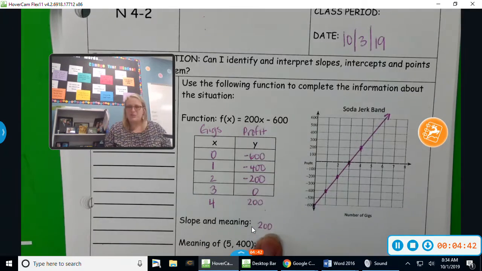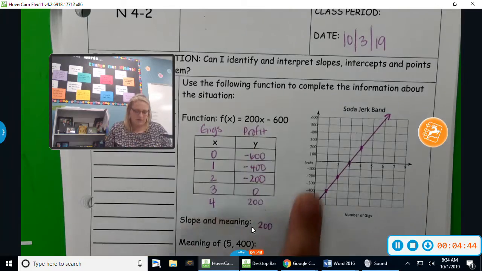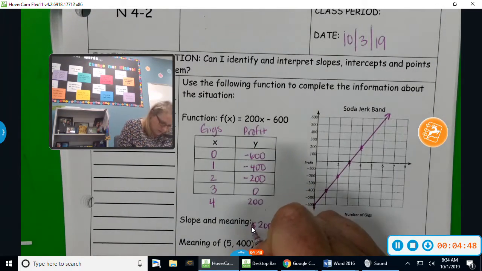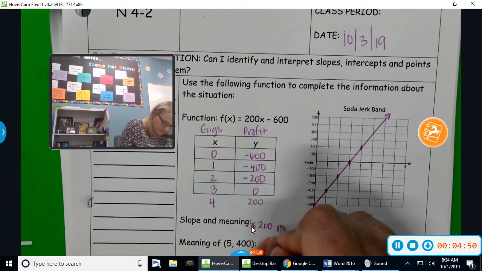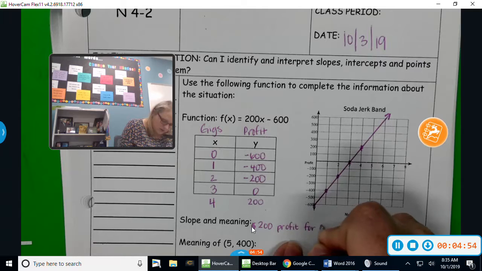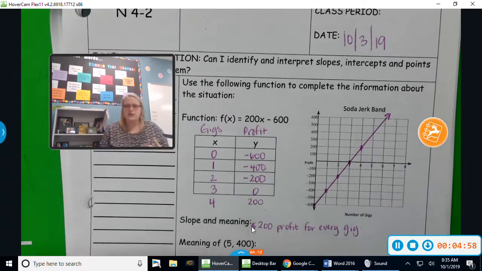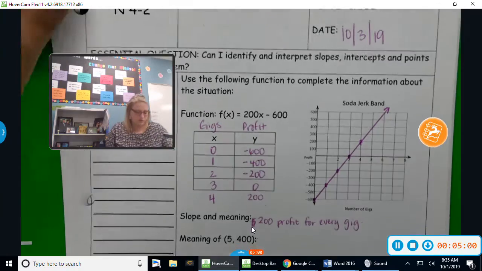But what is 200? It's $200 profit for every gig. Each gig that I do, I charge $200. The Soda Jerk Band does.